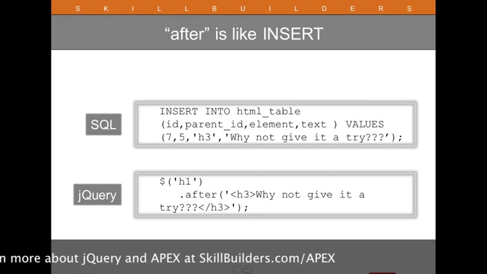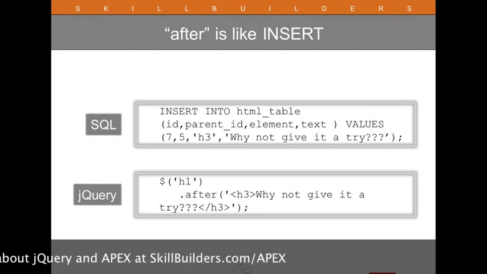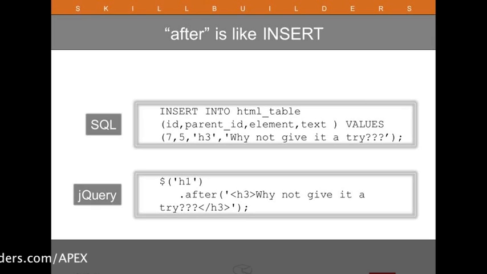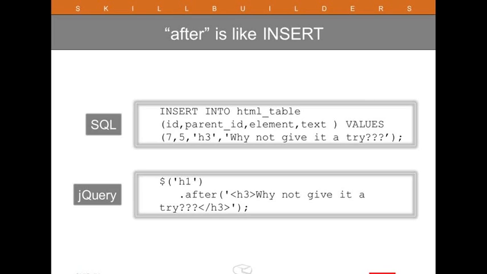What we're essentially doing here, if you were to look into that table where you see parent ID, the value here is 5. Okay, and if you look at that particular row, it's an H1 element. So what we're doing is adding an H3 element essentially beneath it and setting its text value to why not give it a try.